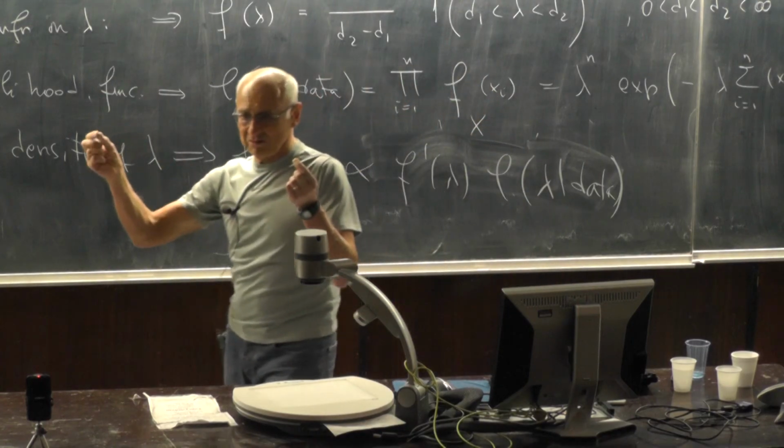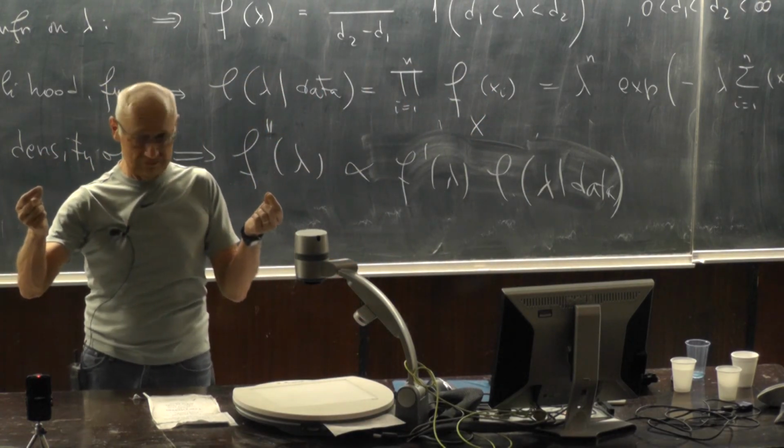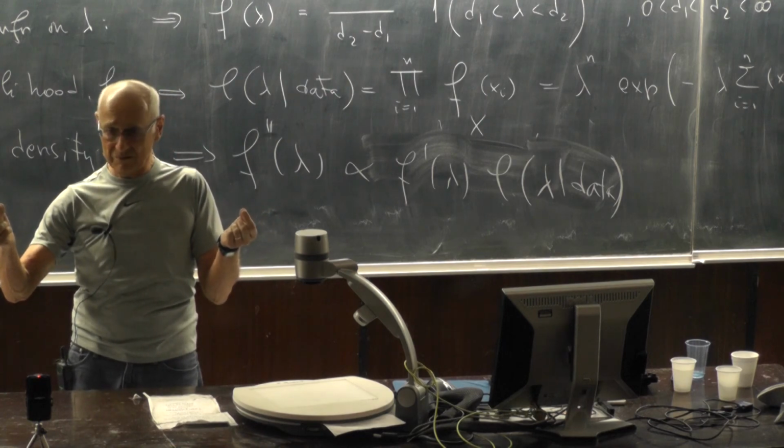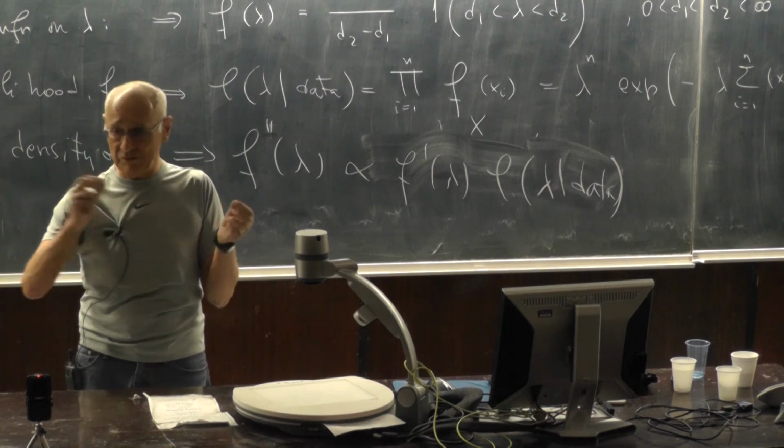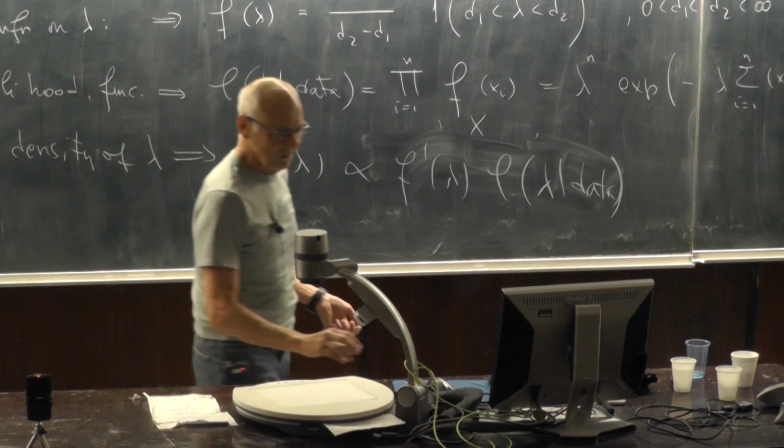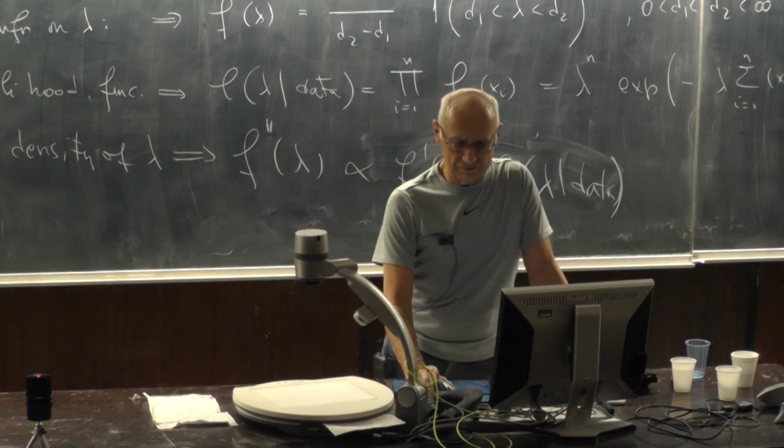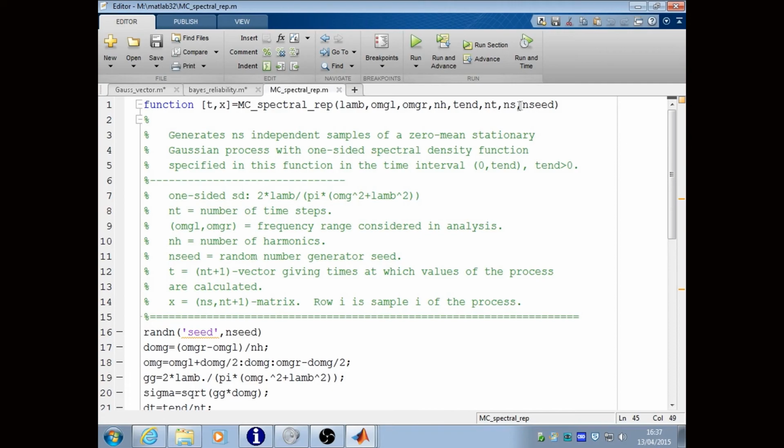Tn is the time interval we are using for representing the samples. That is, I'm interested in samples from 0 to Tn. And T is just the number of such time steps. And S is the number of samples, and N seed is the generation seed.